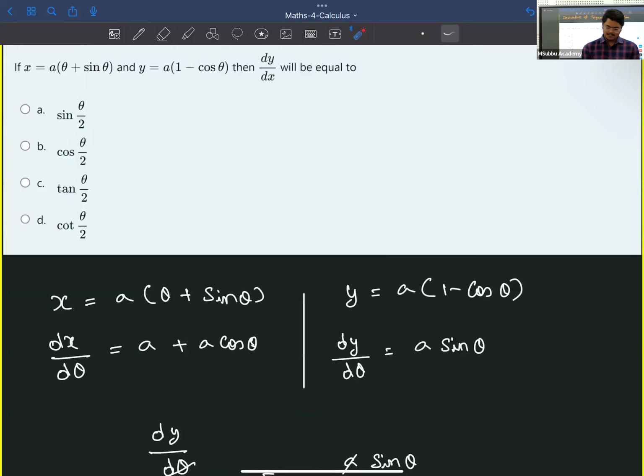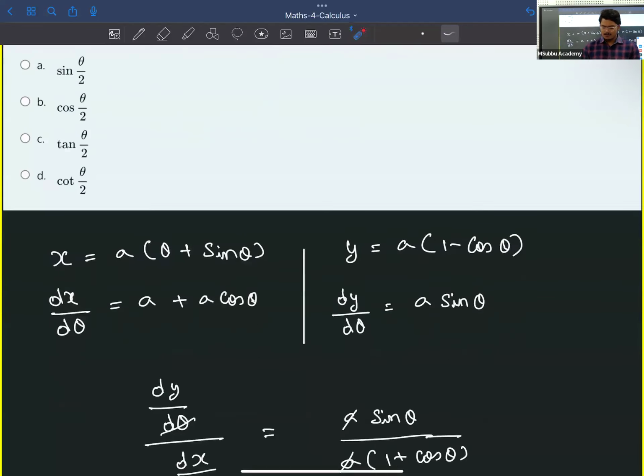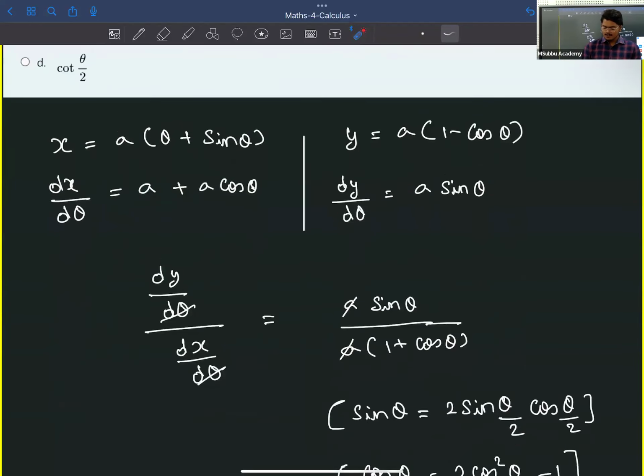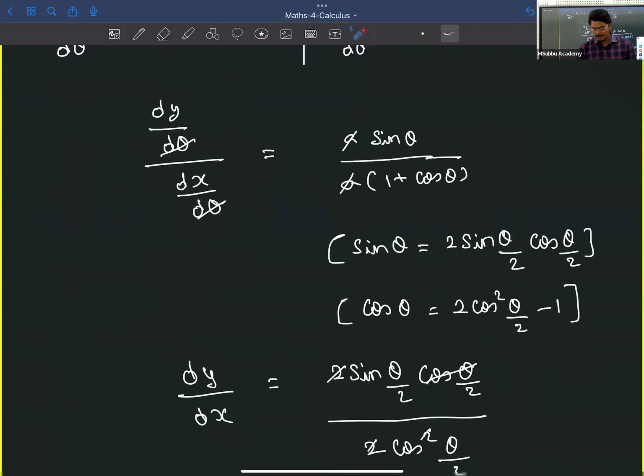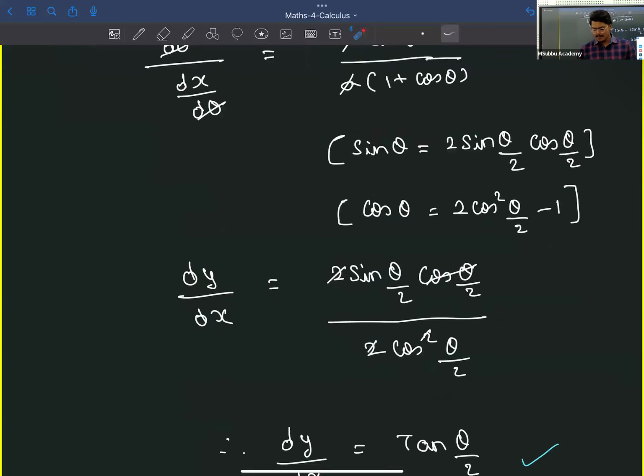Now if you look into the options, they are in the form of theta by 2. So we have to convert the answer. How can we convert it into theta by 2 terms? Sine theta can be written as 2 sine theta by 2 cos theta by 2, since sine 2 theta is equal to 2 sine theta cos theta.